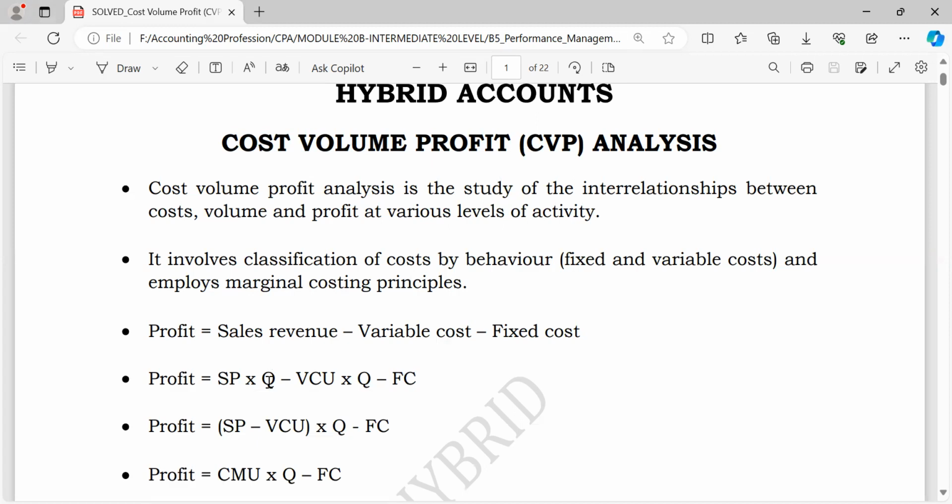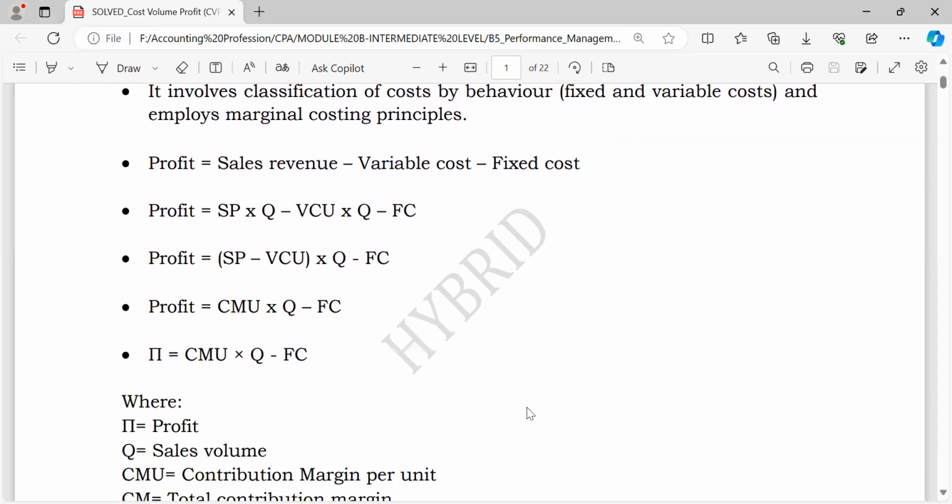Okay, now if you see it, you can observe that we have Q here, but also have this volume here. So you can put this volume out of the bracket, after which we remain with the difference between selling price and variable cost per unit, then times quantity Q also, or volume, minus fixed cost. All right.